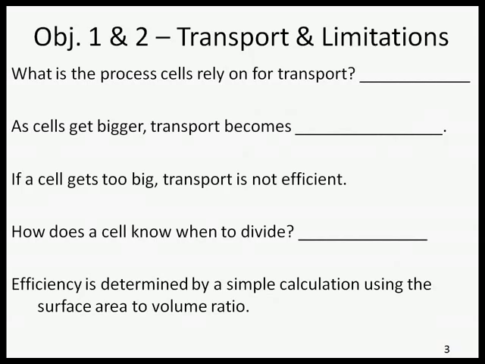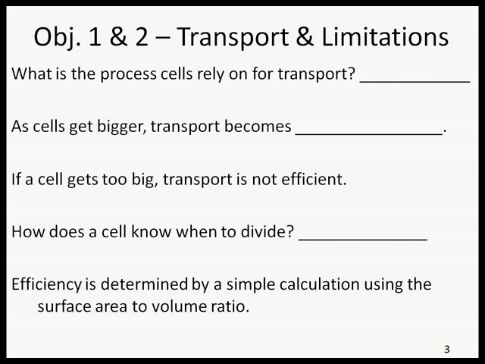You can see right away the segue from the last unit, how we were just talking about things like diffusion and osmosis, transport through a membrane into and out of a cell. So we're going to start with a question here, and this takes us back to our last unit. The process that cells rely on for transport of lots of things, at least passive transport, is diffusion. Remember, we talked about diffusion in the last unit quite a bit.